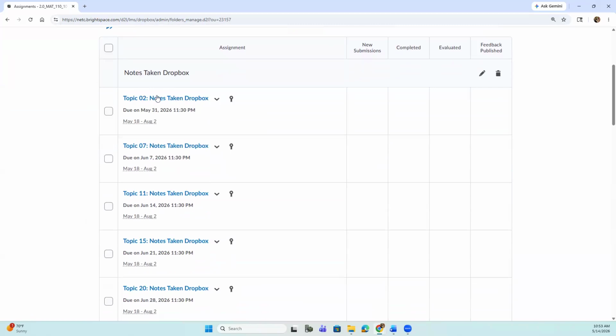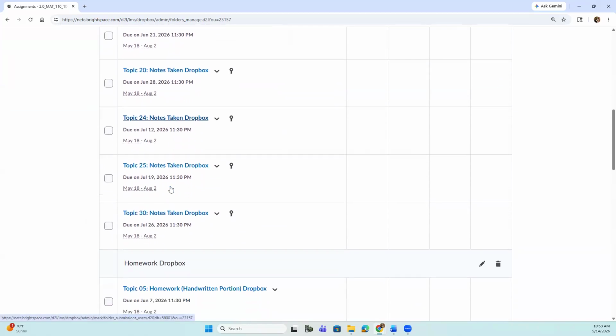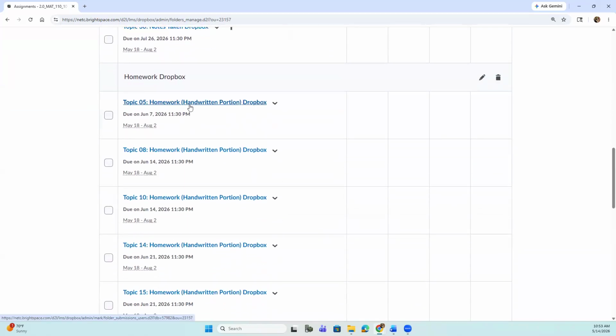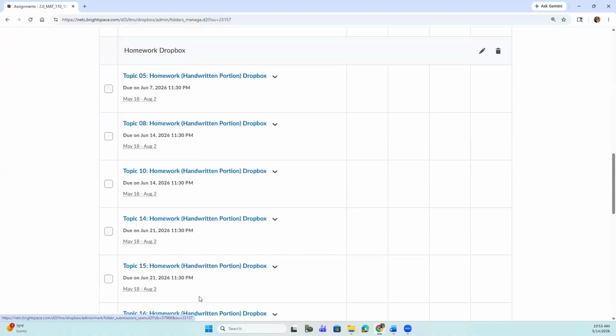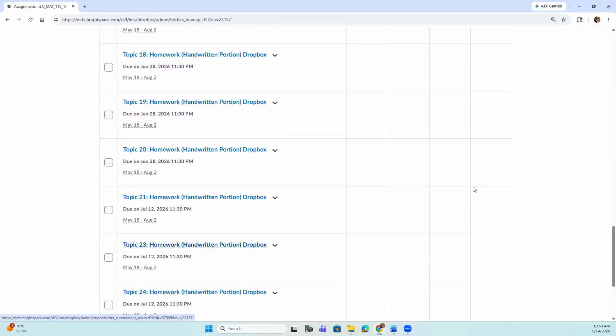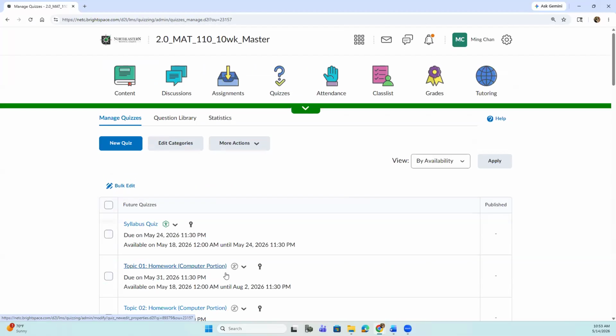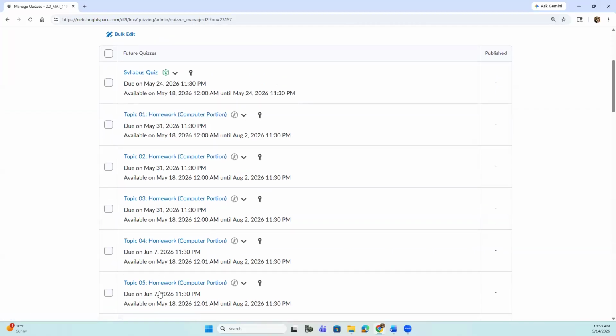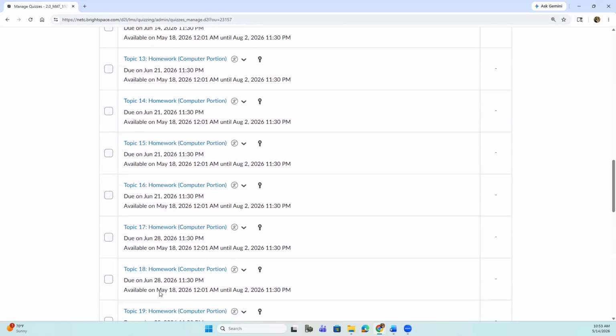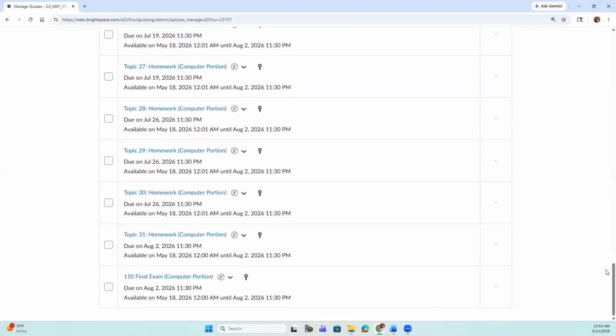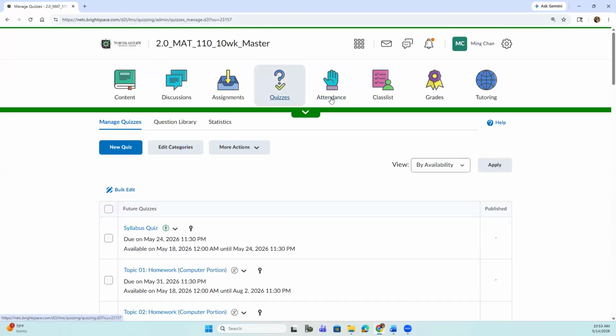So here you have all your notes taken Dropboxes, and here are all the handwritten portion of homework Dropboxes. If you click on quizzes, the quizzes are where all the homework is located, and so is your final exam at the very bottom. Then of course, if you click on grades, you can check your grades.